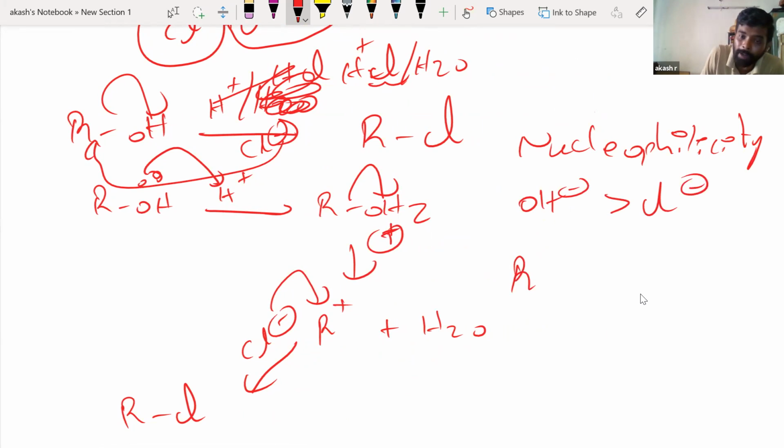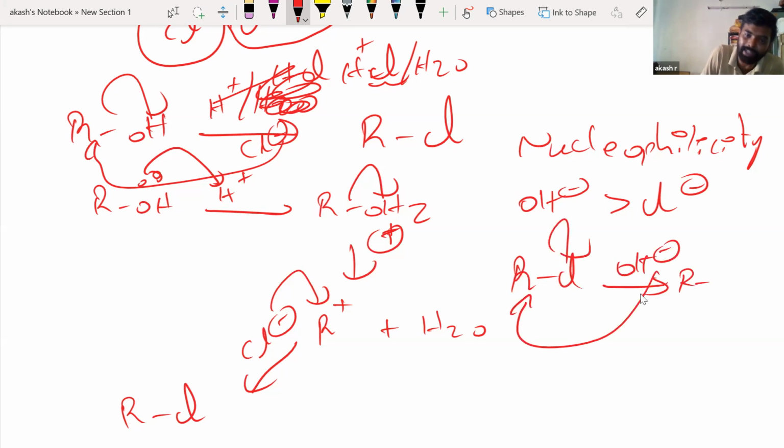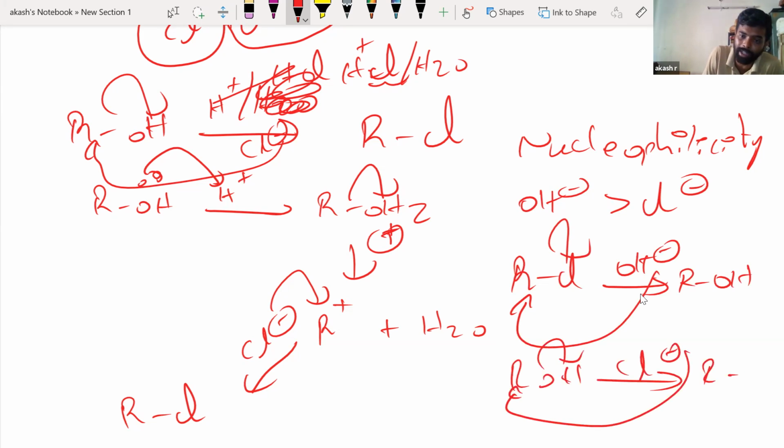That is why if you have RCl and OH minus, this will come and attack here and this will go. I can form ROH. But if you have ROH and Cl minus, you cannot say this is going to happen. This is absolutely wrong, because OH minus is a better nucleophile than Cl minus, so it will not be replaced like this.